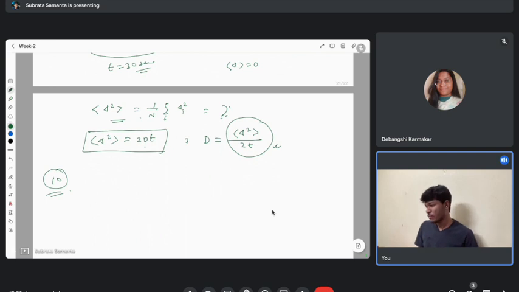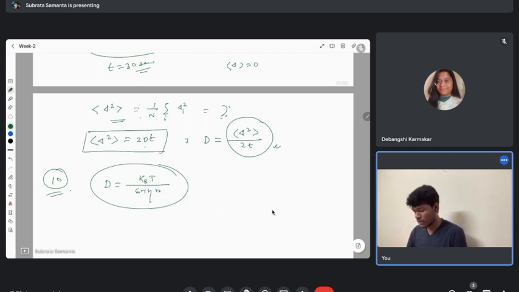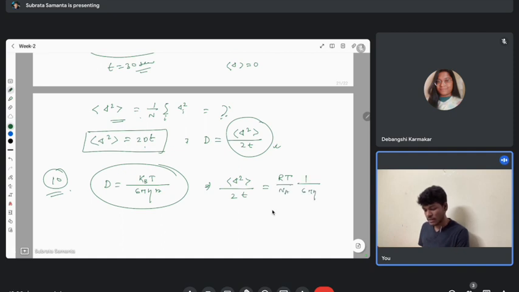So we use this formula: D, the diffusion coefficient, is kBT over 6 pi eta r. We can replace delta square average by 2t equals kBT, replaced by RT by Na, the Avogadro number, and then 1 over 6 pi eta r.